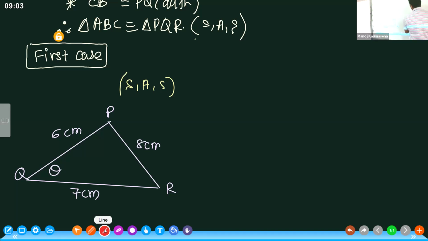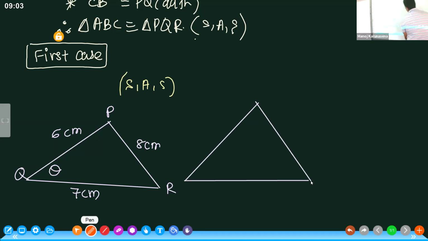Let me consider another triangle. Let's say this is 6 centimeters, this is 7 centimeters, and this angle is theta.